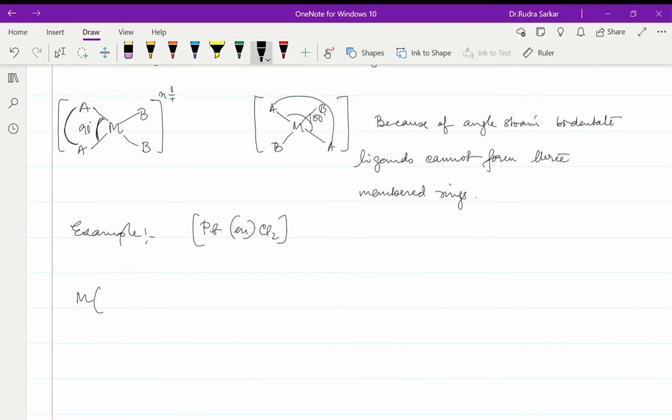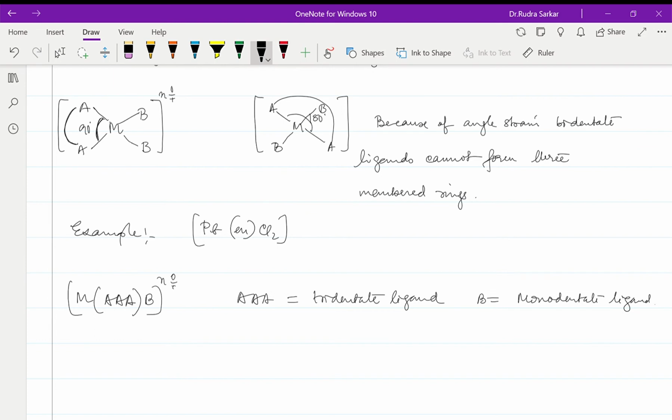Again, another one we have MAAAB. AAA means a tridentate ligand, sorry, and B out here is a monodentate ligand.